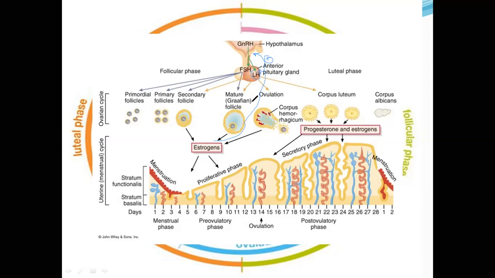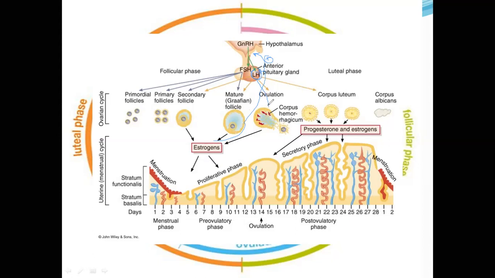It means estrogen has positive feedback. Which mechanism happens here? Positive feedback happens. Why? Actually, estrogen stimulates the production of a special hormone called what? Luteinizing hormone.